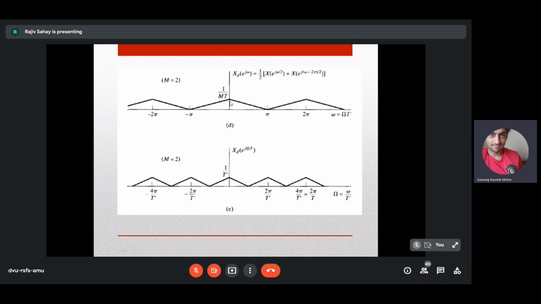You see the bandwidth has now expanded to touch pi. Still there is no aliasing, but it has now touched pi. And here you have just changed the axis from small omega to capital omega.